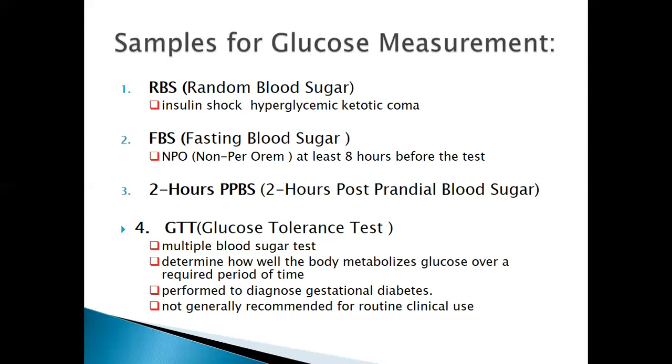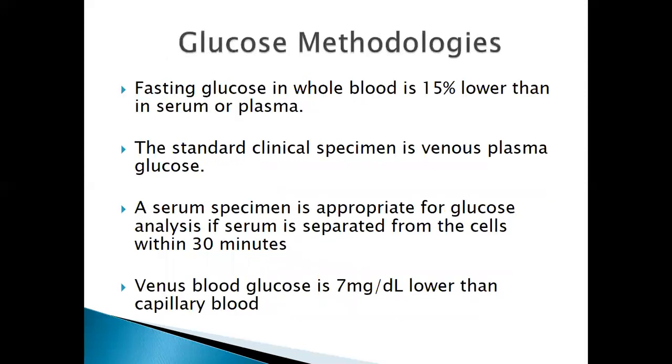Usually we collect multiple blood sugar samples, and this helps us determine how well the body metabolizes glucose over a required period of time. This is recommended for patients suspected of gestational diabetes mellitus.